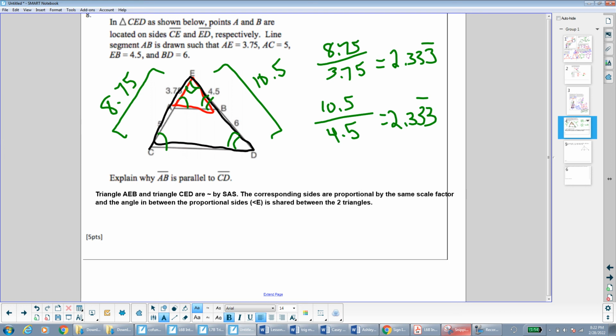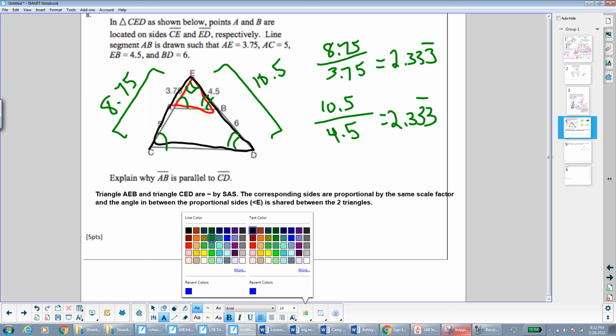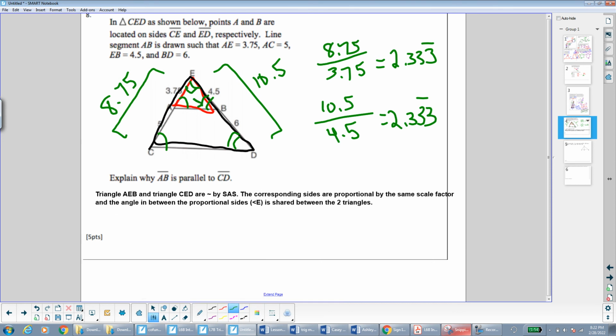If corresponding angles are congruent, that makes the lines forming them parallel. Remember, just like having congruent alternate interior angles is one way to show that lines are parallel, having congruent corresponding angles is another way to show that lines are parallel. So I'm going to add this into the explanation.